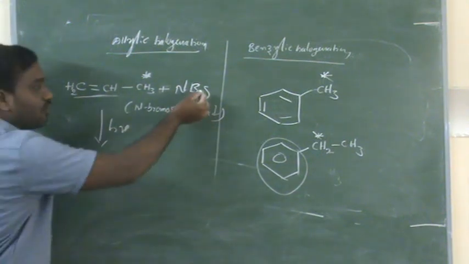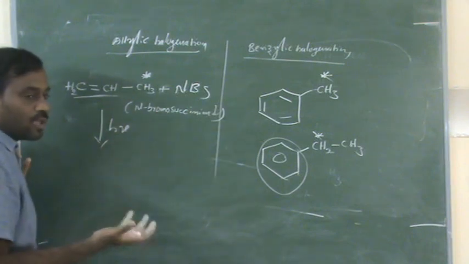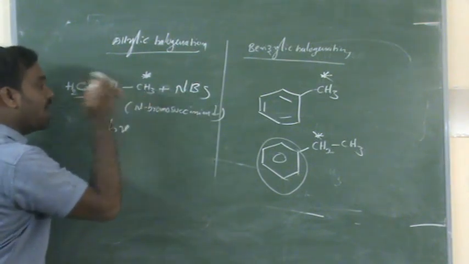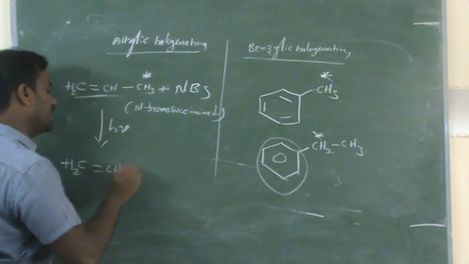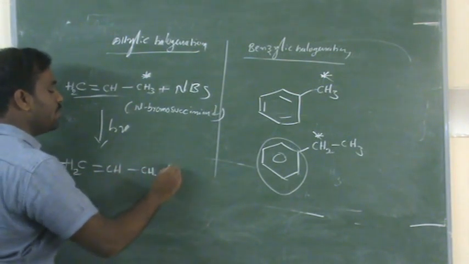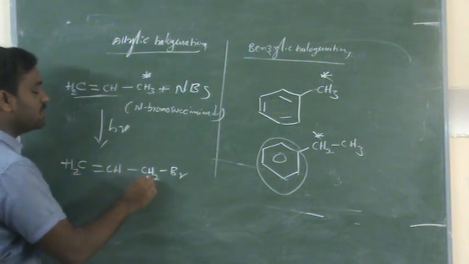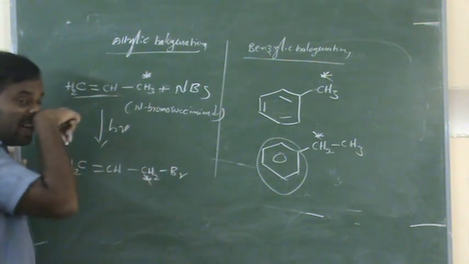In that case, Br attacks the allylic position, giving CH2=CH-CH2Br. This position is called the allylic position.